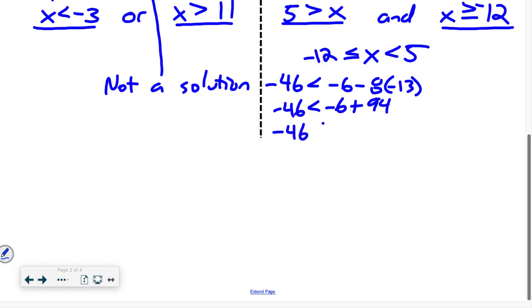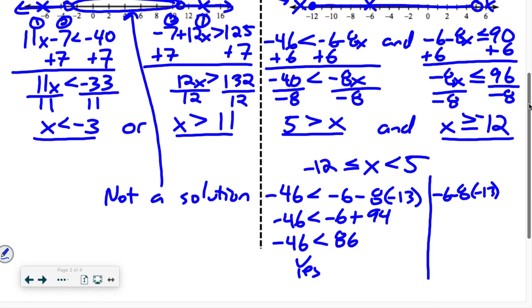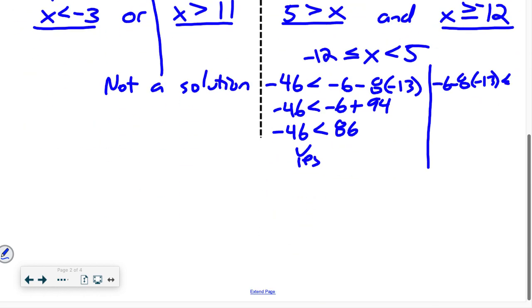Negative 46 less than a positive 86. That's true, so that is a yes. If I go for the second inequality though, and I do negative 6 minus 8 times the negative 13, I'm going to check, is that less than or equal to 90? So this is what we're testing. Is it less than or equal to 90?